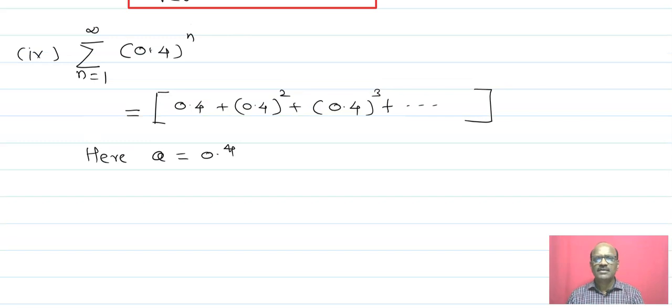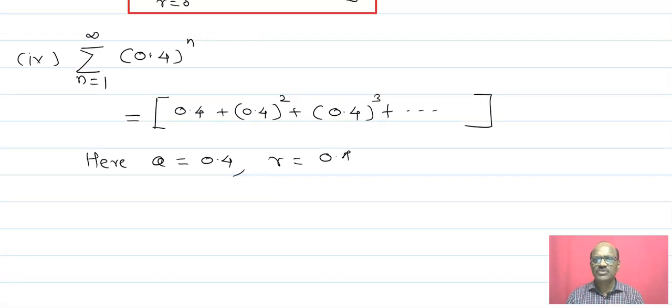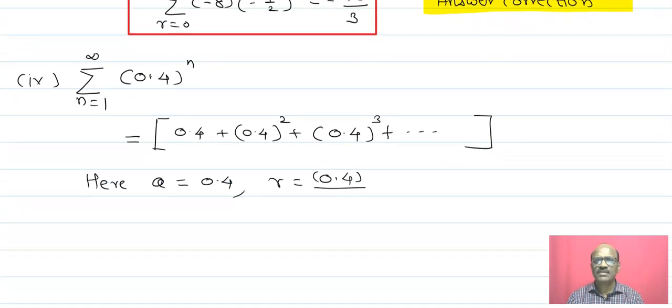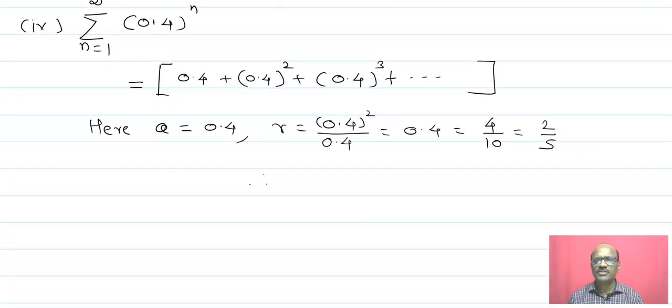The answer of this question is different from the textbook, but I had solved it. a equals 0.4 and the value of r is 0.4 squared upon 0.4, and its value is 0.4. It is nothing but 4 upon 10, which is 2 upon 5. r equals 2 upon 5.